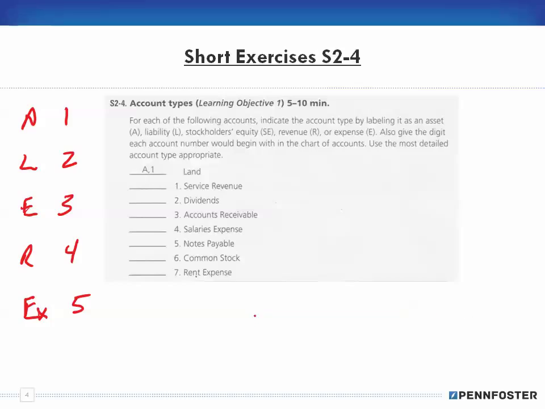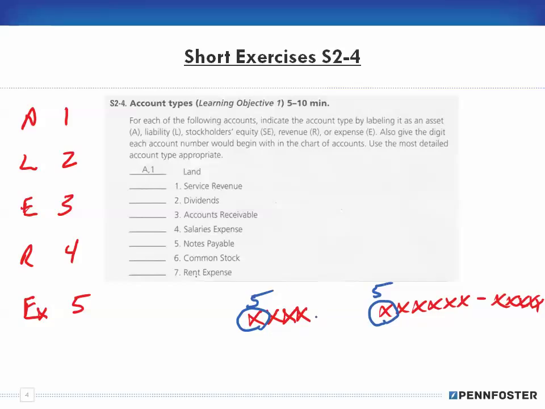Small businesses might have only 3 digits, sometimes 4. Something like the American Red Cross actually has 7 digits, a hyphen, and then 5 more, and they're alphanumeric. But regardless of the account number, that first digit, if it's an expense account, is going to begin with a 5.